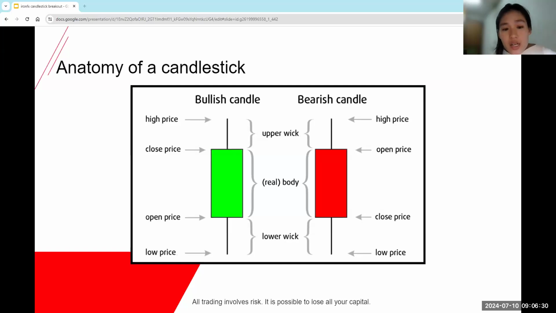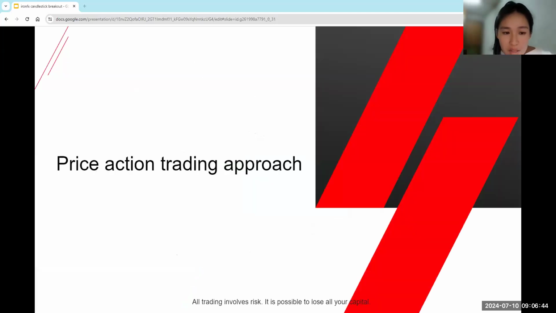A bearish candlestick would just be the opposite, so your high price and your open price would be the same, and your close price would just be at the bottom instead of at the top for a bearish candlestick. And your low price and close price are the same.